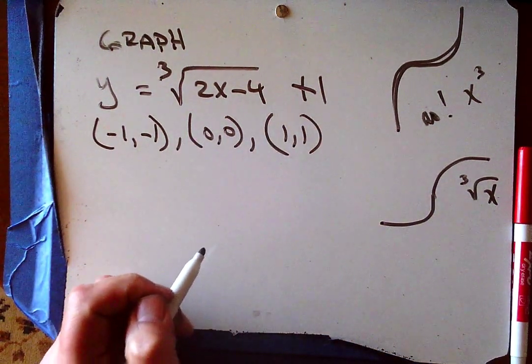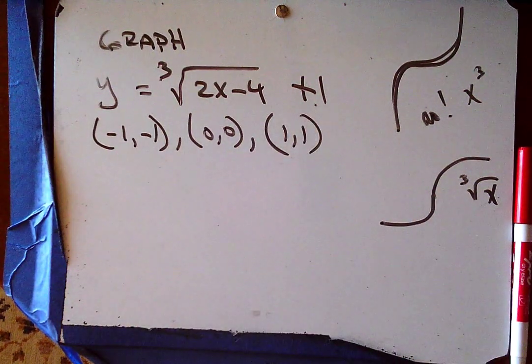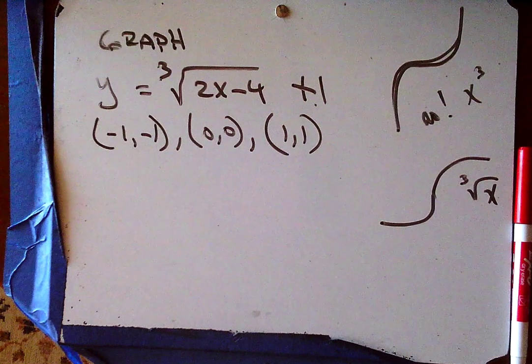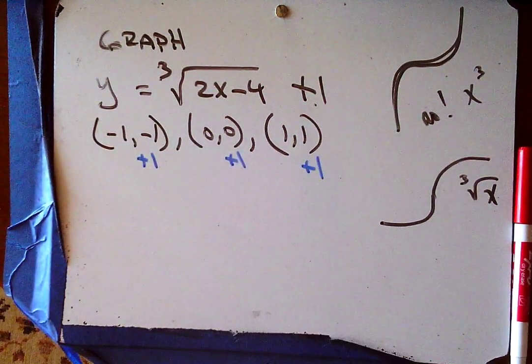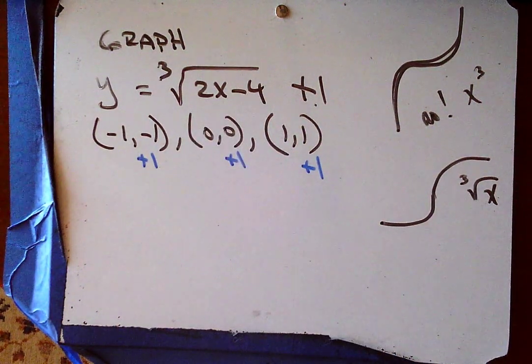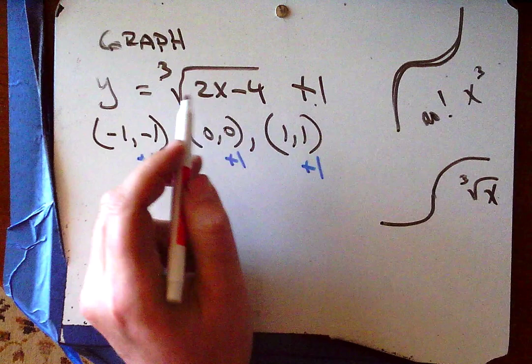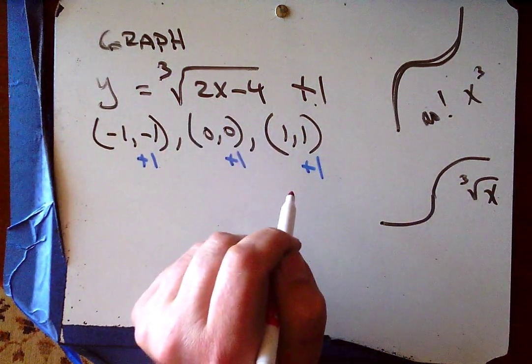Okay, now how do we carry out these transformations? Well, I see this plus 1 here outside of the function, so I know that affects y values. I'm going to add 1 to all the y's. But here, inside the function, I see two transformations. Do I add 4 and divide by 2, or do I divide by 2 and add 4?